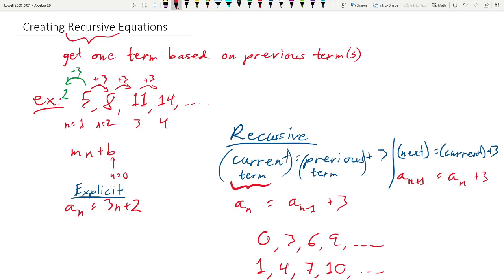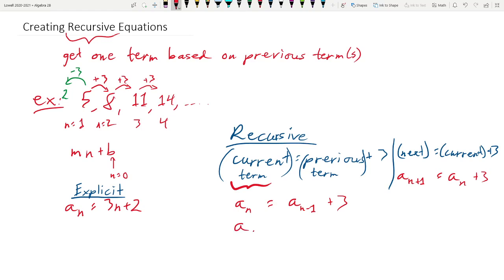You also need some starting off point. Usually it'll be the first one, but it doesn't actually have to be. It could be the fourth term or the fifth term. But if you can give the first one, it just makes the most sense to give the first one.